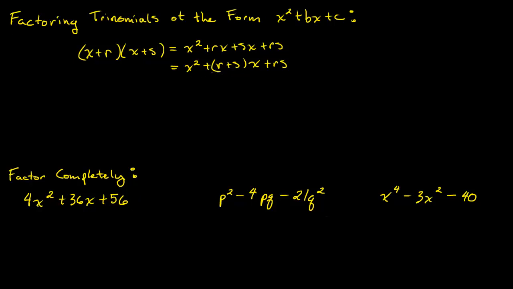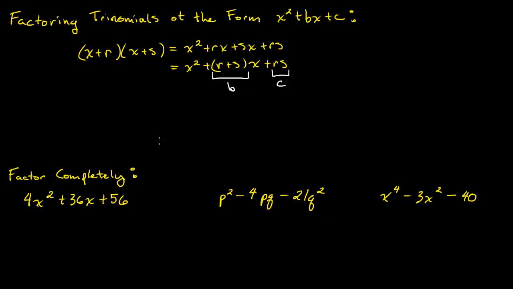If I rewrite r plus s as b and r times s as c, then for a trinomial of the form x squared plus bx plus c, where I can find two numbers that add to b and multiply to c, I know I can rewrite that trinomial in the factored form x plus r times x plus s, because that will expand to x squared plus bx plus c.